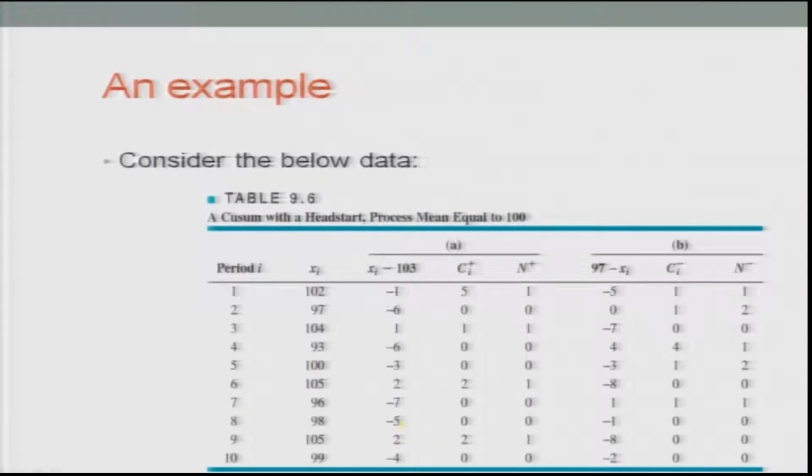Consider an example below. We have the period given from 1 to 10, with the xi values starting from 102 to 99. We take a value of 103 and find the difference between xi and the 103 value. The values are given in the third column starting from -1 to -4. So, we find the C plus values and the N plus values.